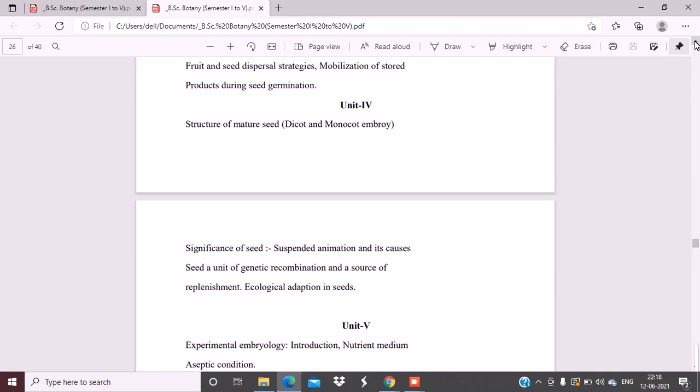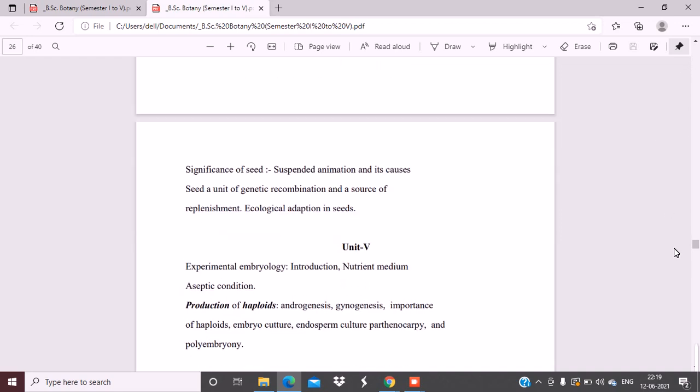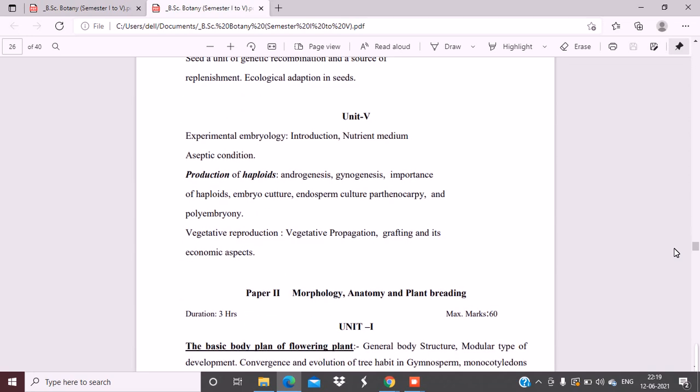Now Unit 4 is the structure of the mature seed, dicot and monocot embryo, significance of the seed, suspended animation and its causes, seed as a unit of genetic recombination and a source of replenishment, ecological adaptation in seeds. Unit 5, experimental embryology: nutrient medium, aseptic condition, production of haploids, androgenesis, gynogenesis, importance of haploids, embryo culture, endosperm culture, parthenocarpy and polyembryony, vegetative reproduction, vegetative propagation, grafting and economic aspects.